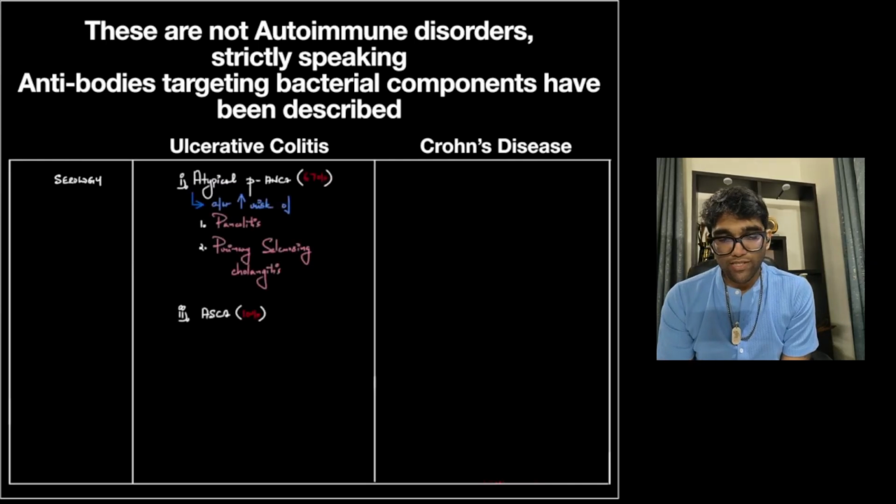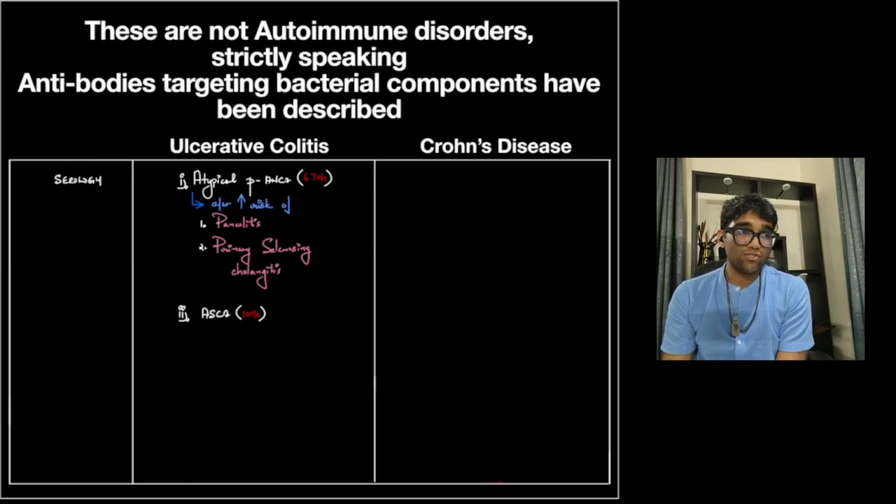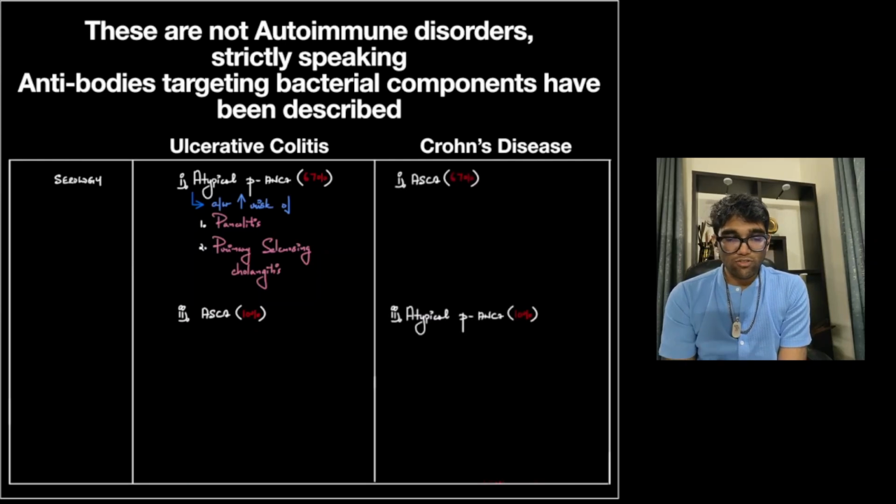So with ulcerative colitis, two-thirds of patients often have a type of P ANCA positivity called atypical P ANCA, and we'll discuss what this is. This obviously reflects how severe the disease is. The more severe the disease is, the more the patient is likely to have this, and vice versa. So it's a marker of disease severity. They also have anti-Saccharomyces cerevisiae antibodies, a yeast, in 10% of cases.